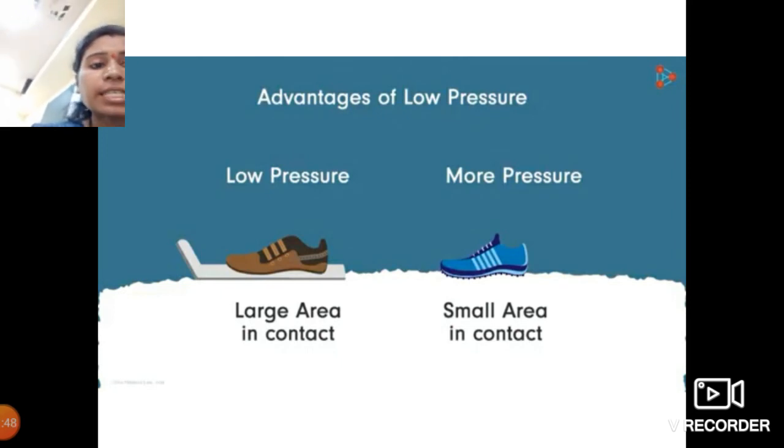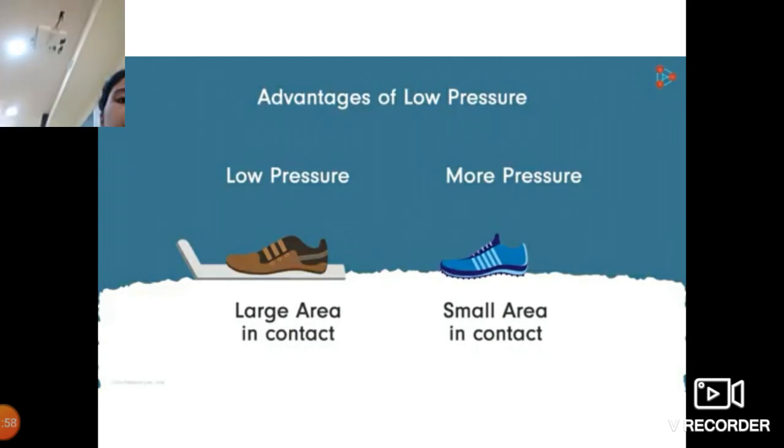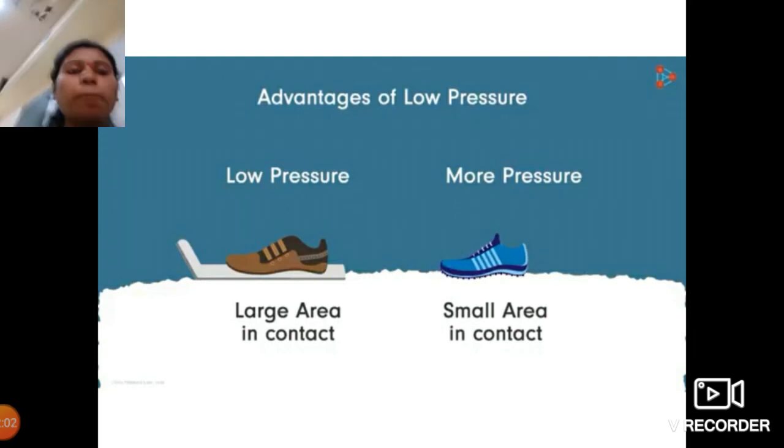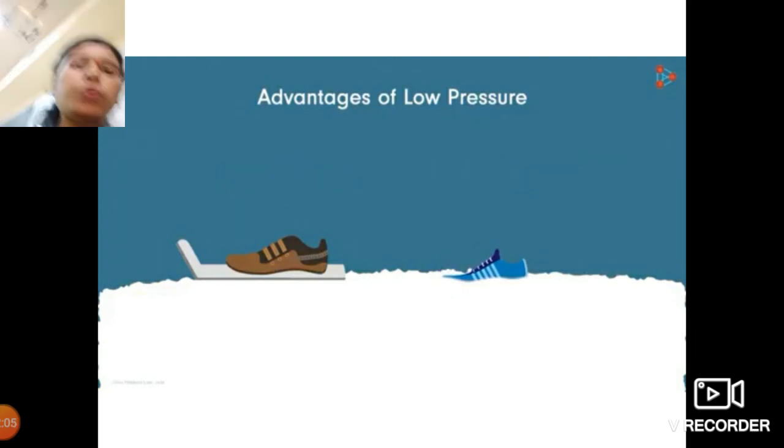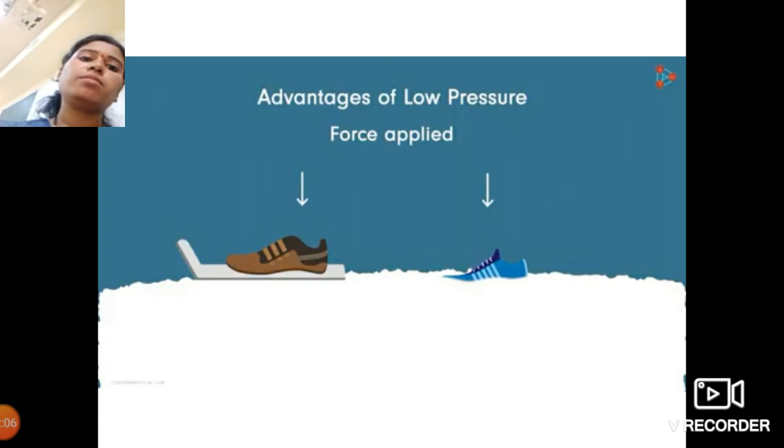This force is nothing but our weight. The force which we apply in this case is our weight on the snow. Okay students, got it?